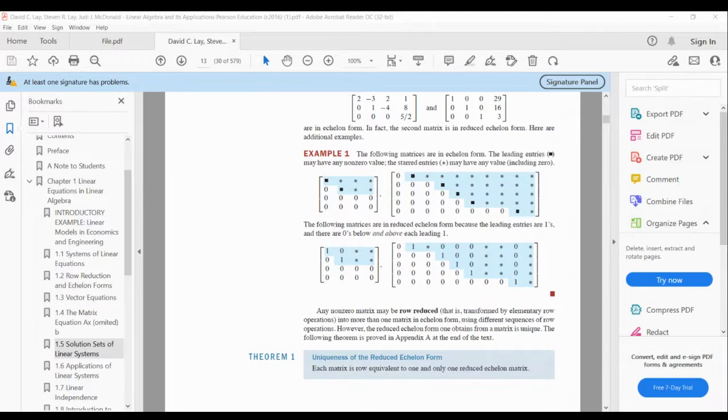Matrices in echelon form are not unique. Okay, all right, so far are we okay? All right, we're good. Very good. I'm just taking our time here.